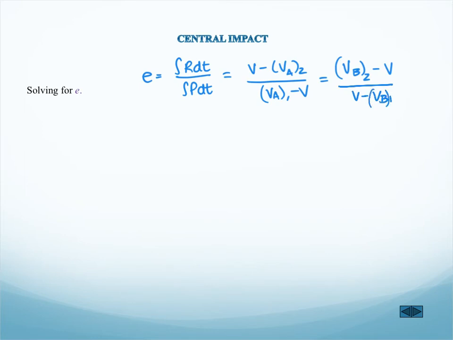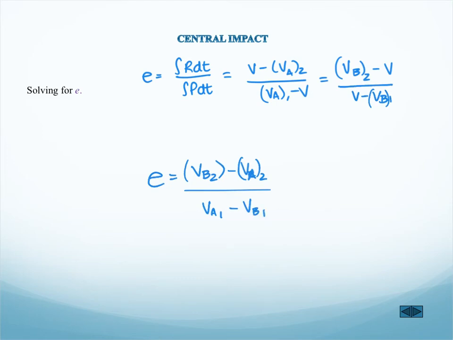Now, if we put those together and solve to get rid of the V, we could express the coefficient of restitution as the ratio of the relative velocities after the collision to the relative velocities before the collision.